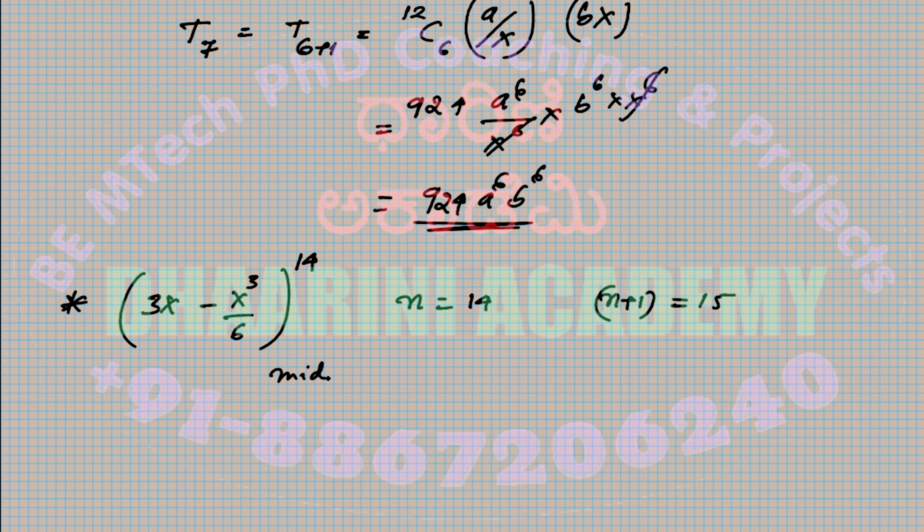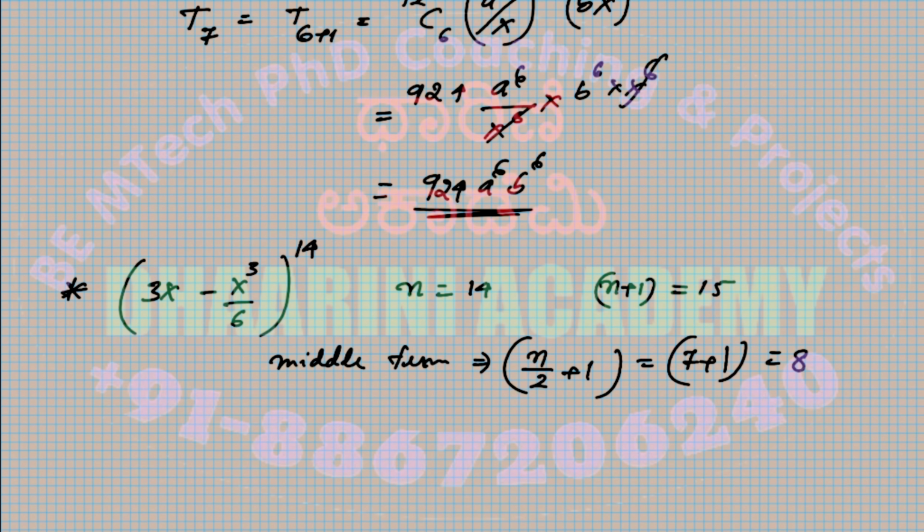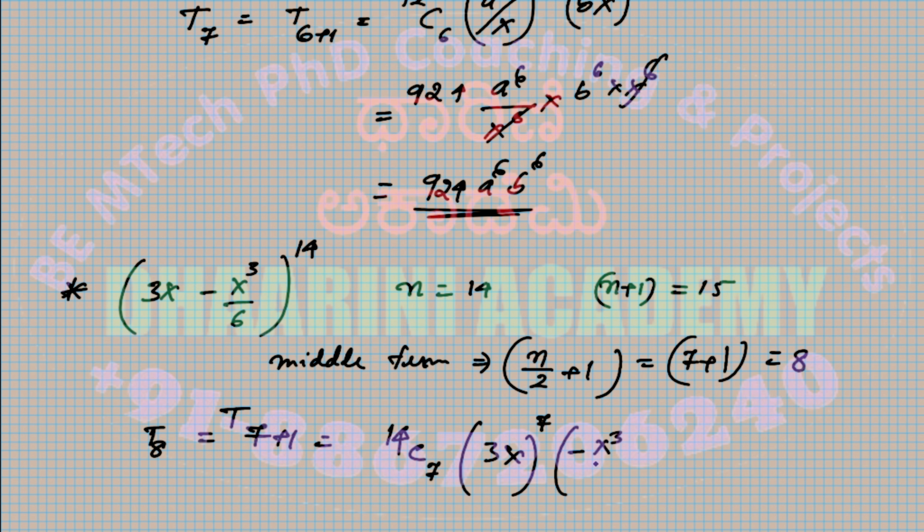The middle term is the (n/2 + 1)th term. So n is 14, 14 by 2 is 7, plus 1, that is equal to 8. So I have to find T8 now. T8 is equal to T(7+1). So this is 14C7, first term (3x) raised to the power 14 minus 7, which is 7, into minus (x^3/6) to the power 7.